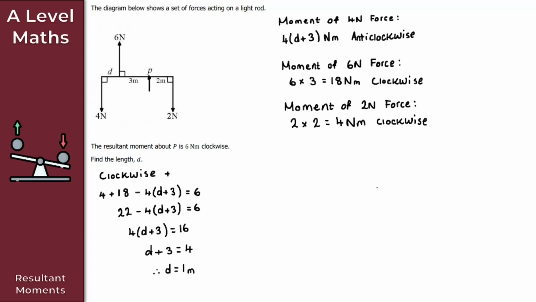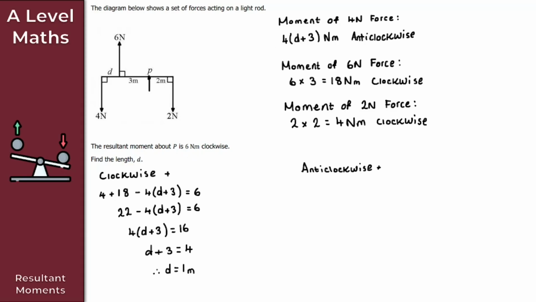So I did mention that it doesn't matter whether we choose clockwise or anti-clockwise as positive here. Let me just quickly demonstrate that. So if I now choose anti-clockwise as positive, then in that case, what I'm going to get is positive 4 lots of d plus 3 minus 18 minus 4 is equal to minus 6, right?